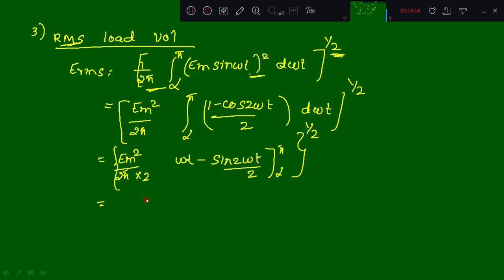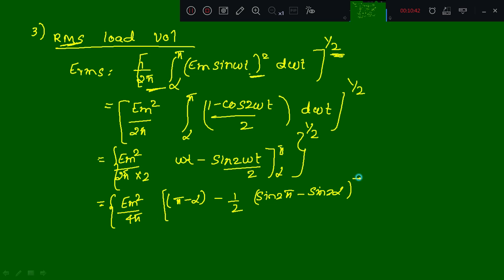Then we have Em square upon 4 pi, and this is omega t, with upper limit pi and lower limit alpha: pi minus alpha, minus half, sine 2 pi minus sine 2 alpha.